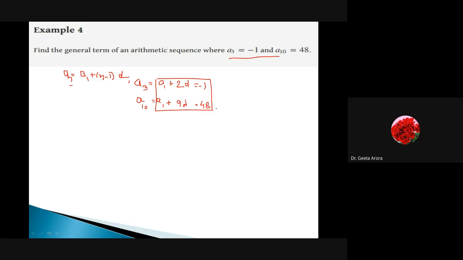Correct? So using these two equations, I need to calculate A1 and d. The easiest way, because it is just A1 in both, is subtracting the two equations, which will give you the value of d.